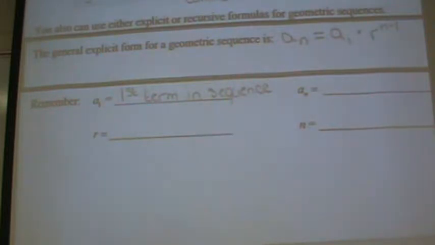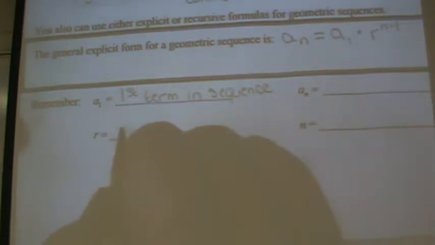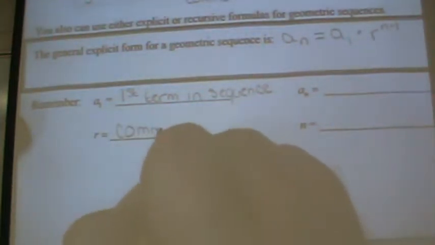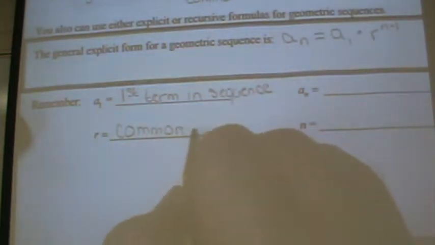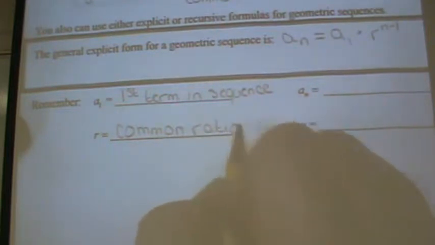And again, how did we find the ratio? Dividing. We're doing what? Multiplying.